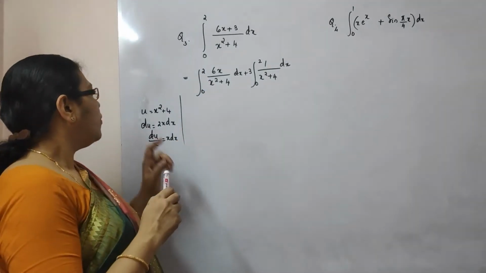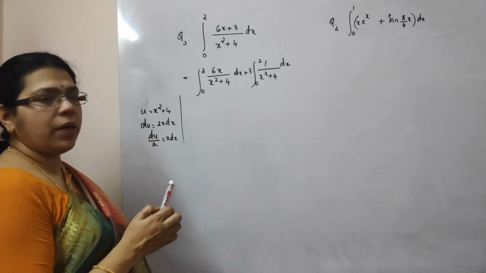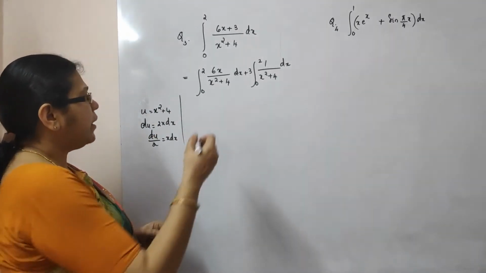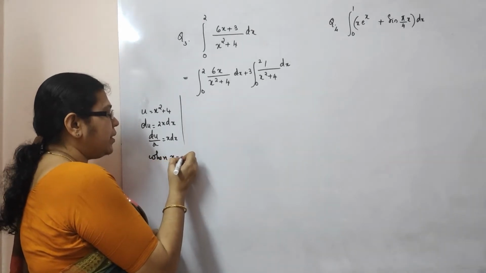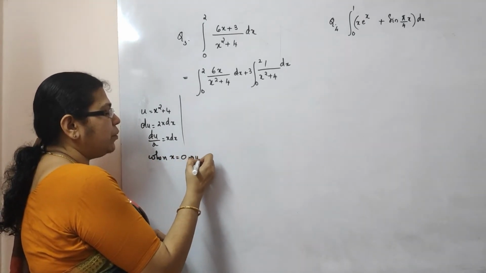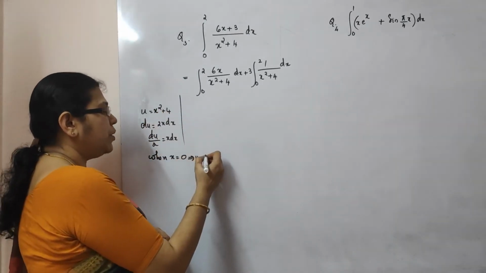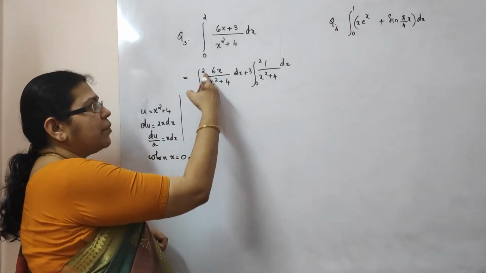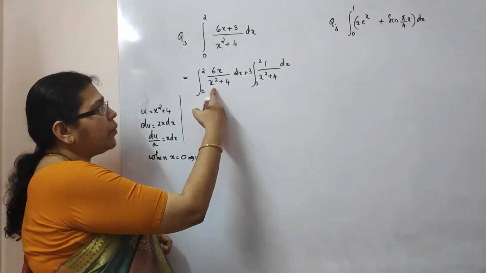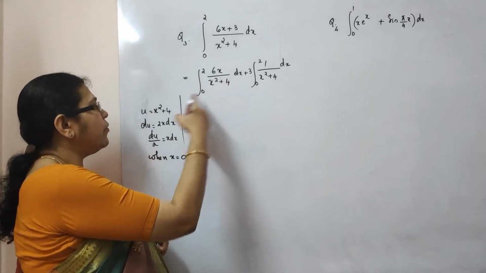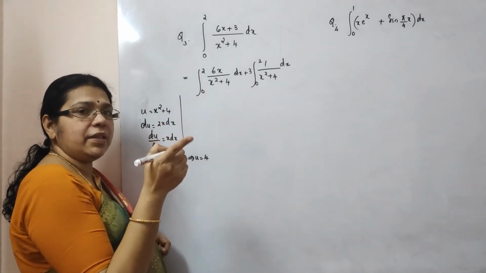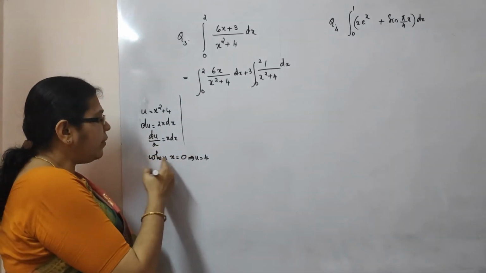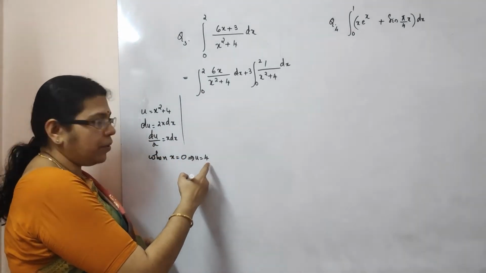That is, when u is equal to x square plus 4, when x is equal to 0, u is equal to what? U is equal to 4, isn't it? Because I am going to change this to u. If I change x square plus 4 into u, then the limiting values will change accordingly with respect to u. So here when x is equal to 0, u is equal to 4.